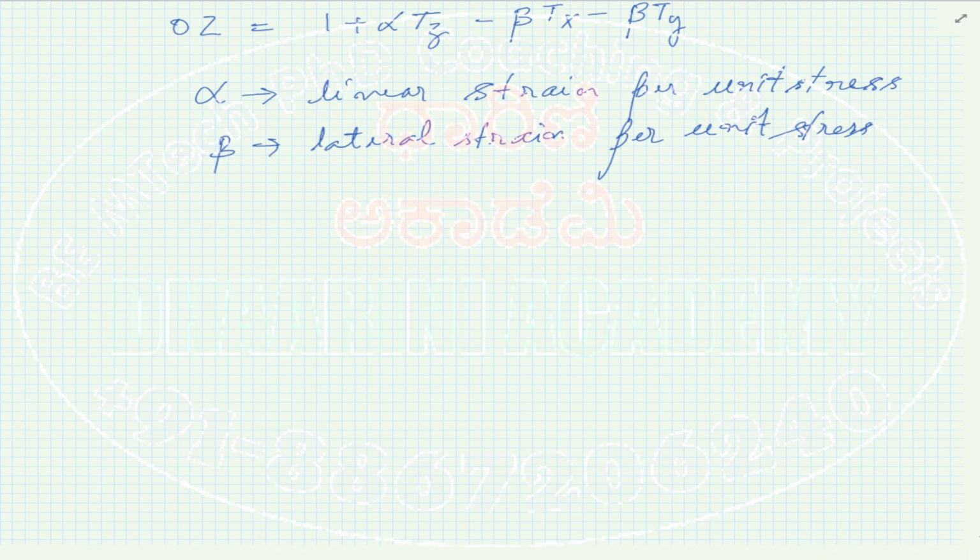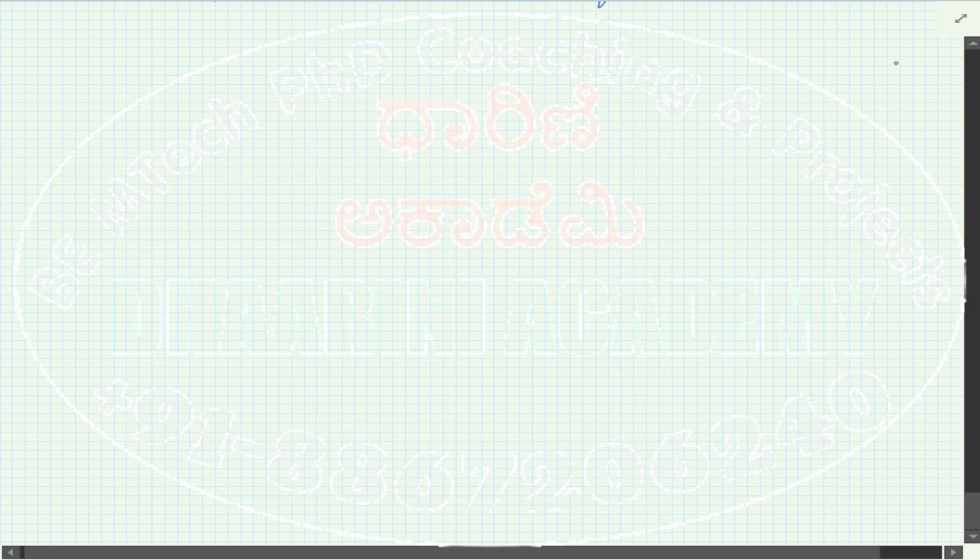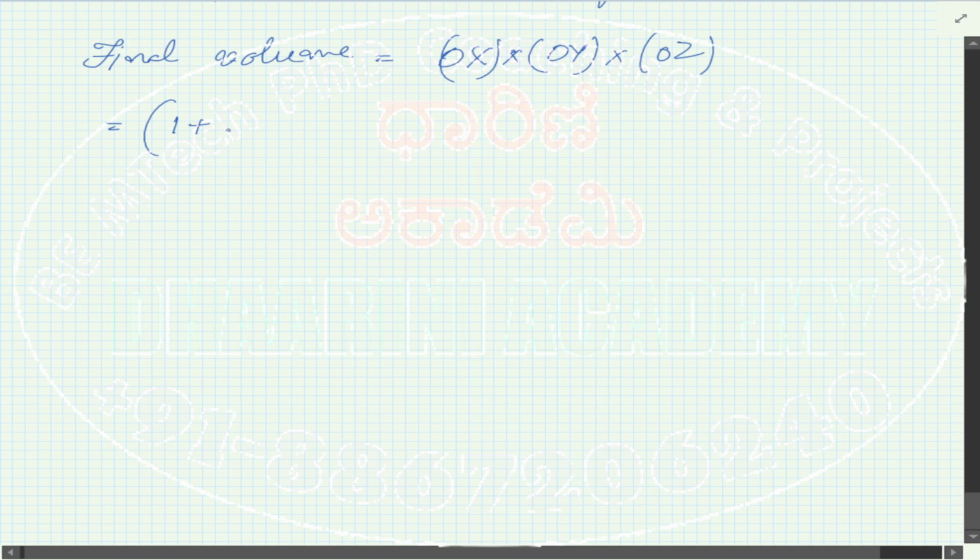Now, if you want to calculate the volume, what's the equation for volume? I need to multiply OX into OY into OZ. So the final volume is equal to OX into OY into OZ. Let us substitute. OX, as we have just written, is 1 plus alpha times Tx minus beta times Ty minus beta times Tz.